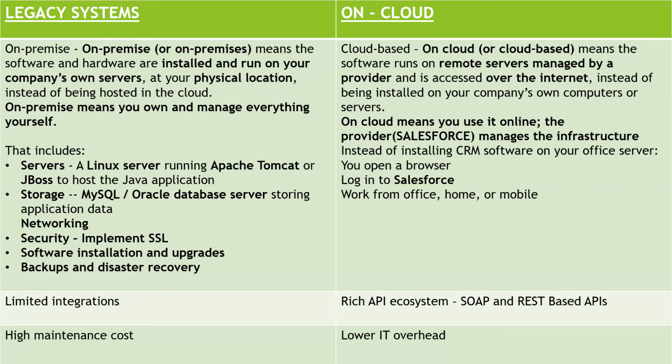Then for storage, you have to use MySQL or Oracle database or some other database to store your data. And for the front end, you can use languages like ASP.NET or Java. Backend means storage, for that you need MySQL or Oracle database. Then these will run on a particular server, so for that you require Apache Tomcat, JBoss, or any other server.